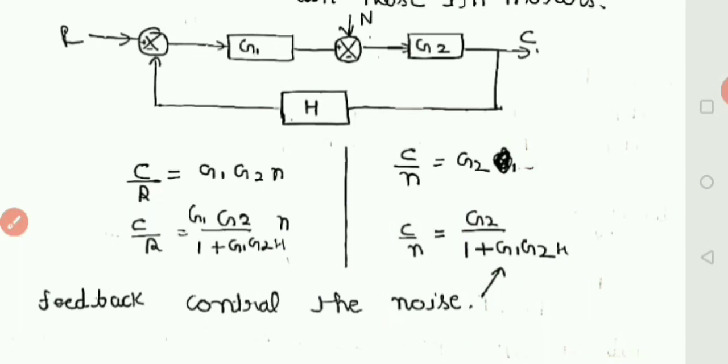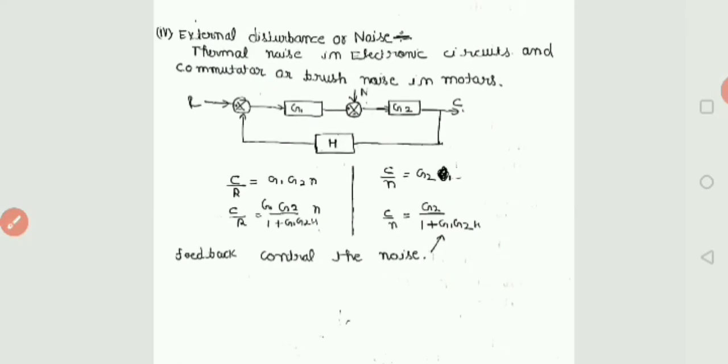So we use the closed loop system. I hope you have understood this topic.